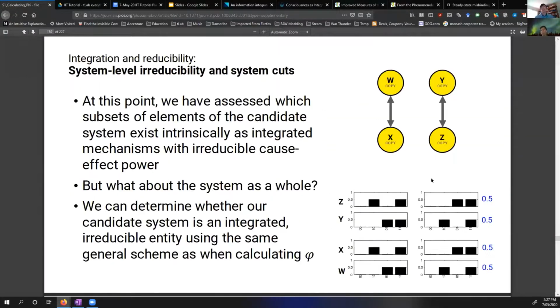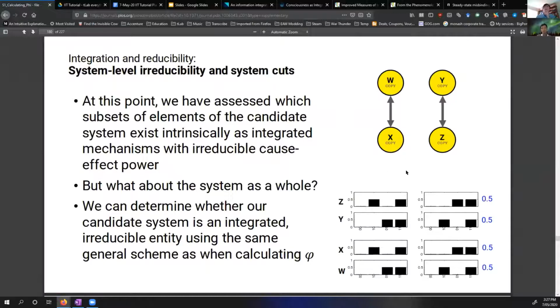So what we do next is we want to try and find the whole system. This is where the entire structure is existing for the system. You can see here, this is illustrating what I said before.